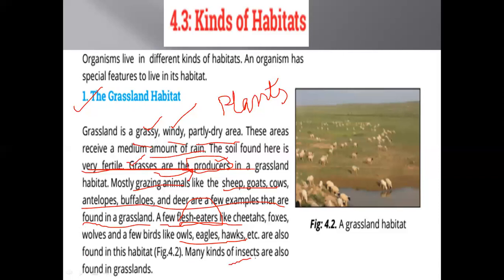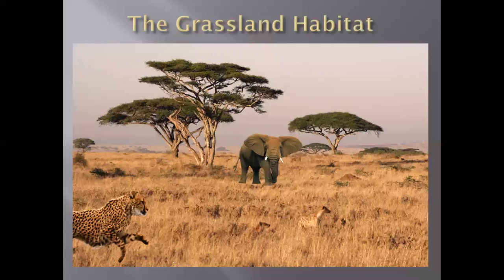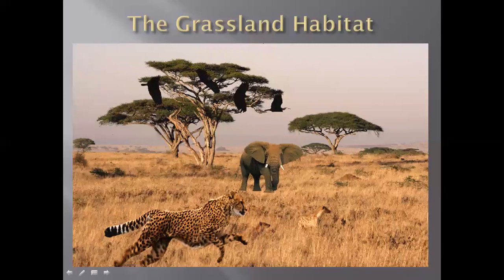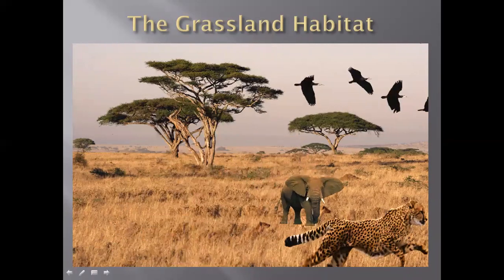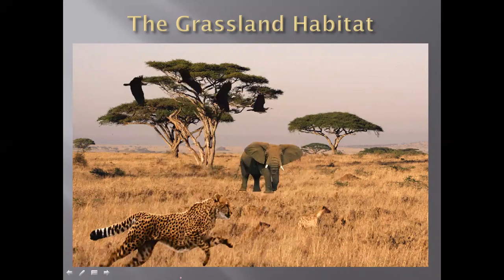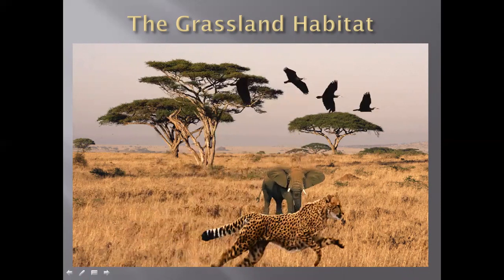Many kinds of insects are also found in the grassland. Due to the fertile soil, due to more food present over there, many types of insects also live over there. If we see this grassland habitat, there are a few trees, but there is grass everywhere.